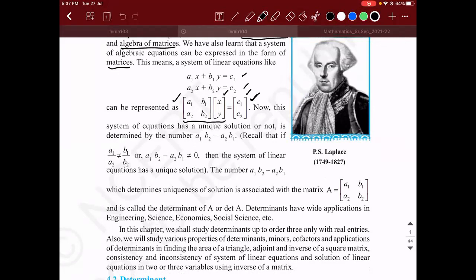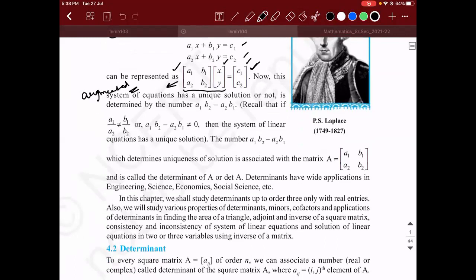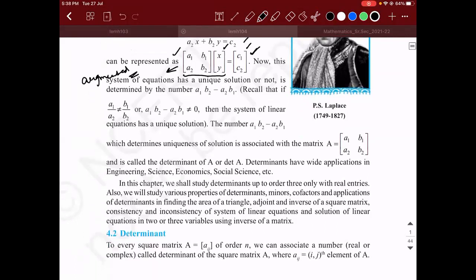The technical name for these kinds of matrices is augmented matrices, but it is not in your syllabus. It's for your knowledge: where you write only the coefficients of the linear equations is generally called an augmented matrix. With respect to it, a1, b1, a2, b2 is there. If you put a square bracket, that is called a matrix.